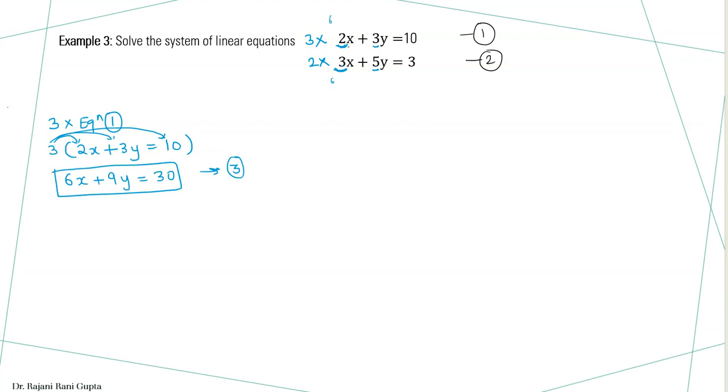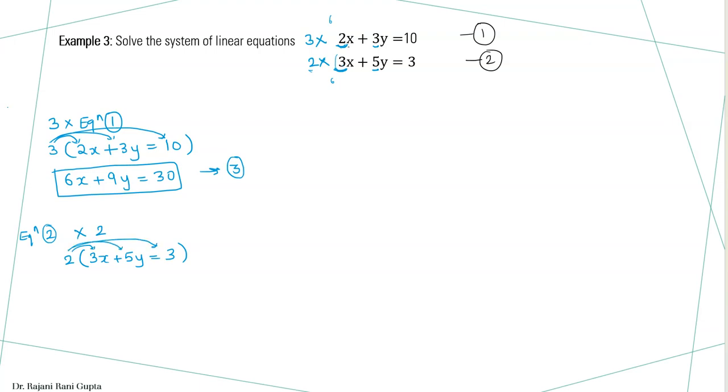Now, similarly, equation 2, what are you doing? Multiplying equation number 2 by 2. Equation number 2 is this one: 3x plus 5y equals 3. Again, this 2 gets multiplied with each term.